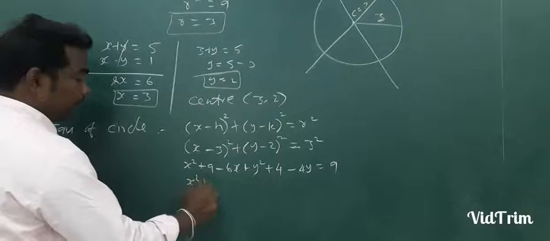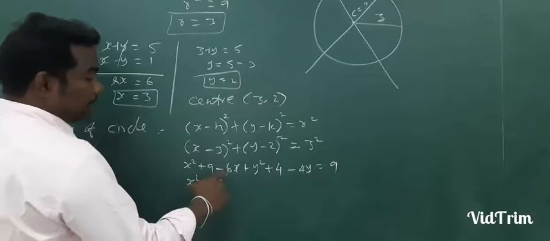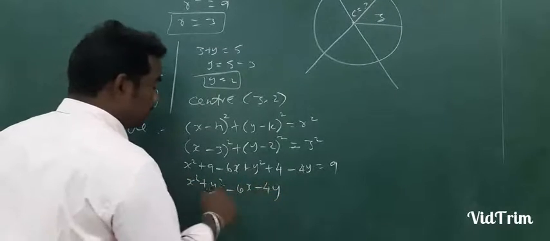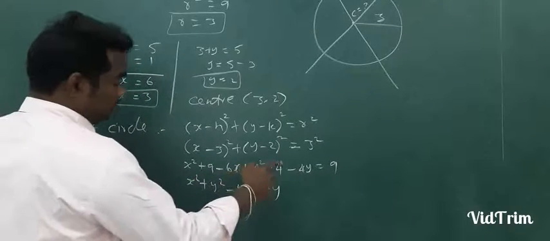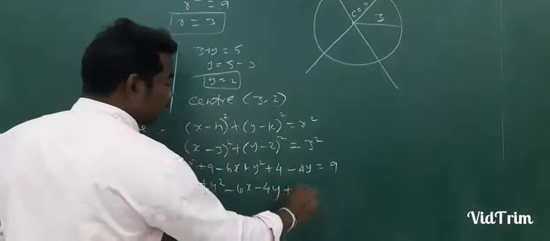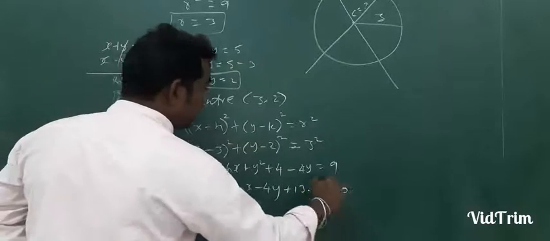Then x² + y² - 6x - 4y + 9 + 4 = 13, and minus 9 equals 0.